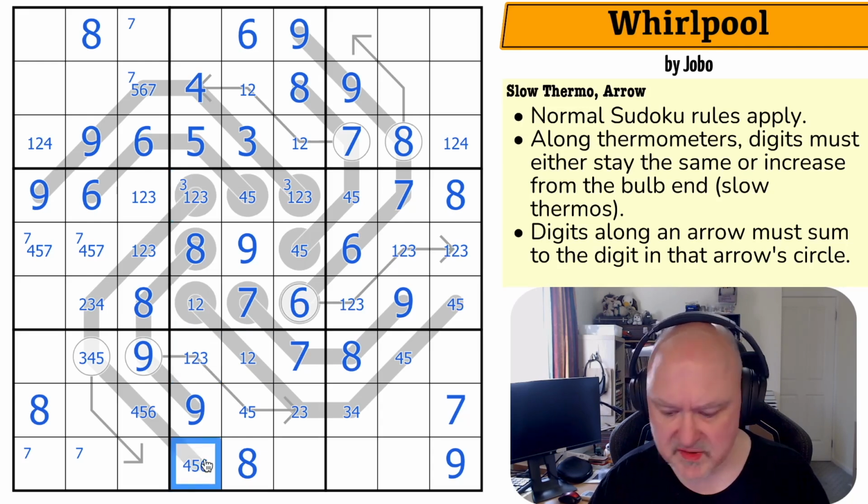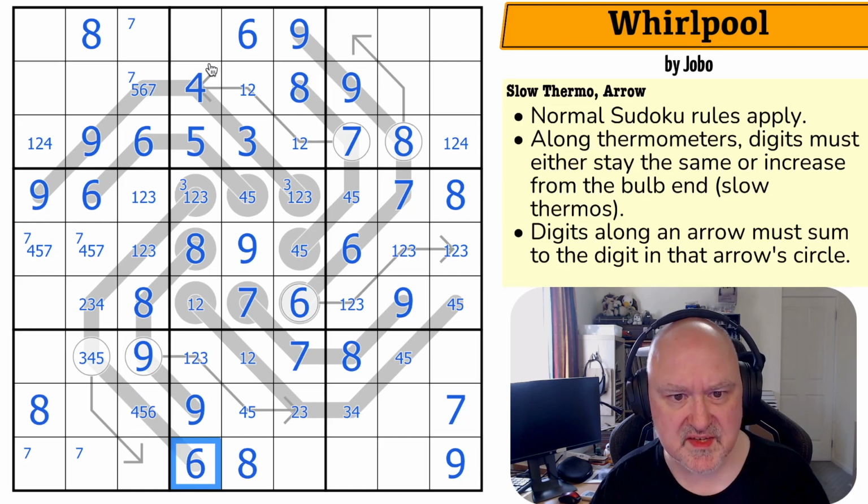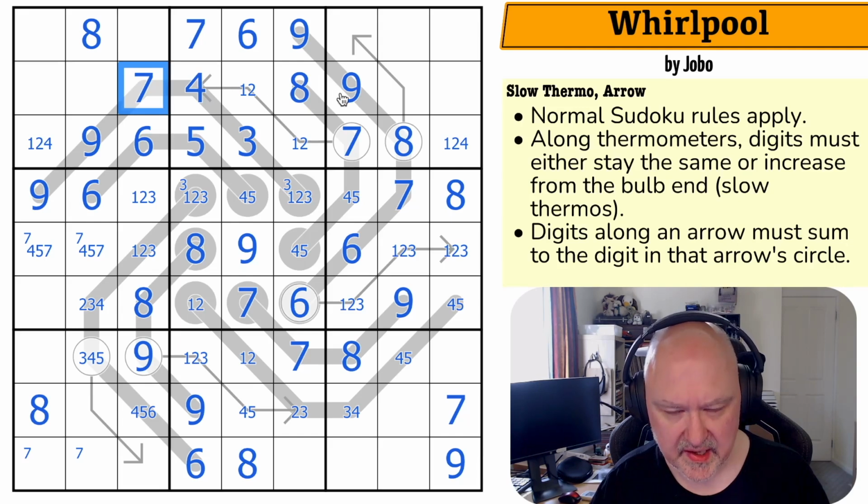Oh, the 4, 5 looks down, making that the 6. Which doesn't resolve that. But 1, 2, 3, 4, 5, 6, this is now a 7, which means this is not a 7. This is the 7 by Sudoku. Okay. Cool. What I'm not is cool, by the way.